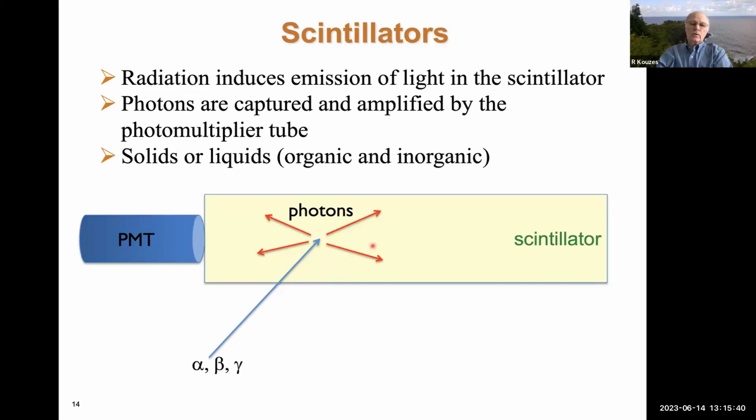These then, through atomic processes, will either go through relaxation of molecules or absorption of these electrons, producing excited atoms and molecules, which then emit photons, visible photons typically. These visible photons bounce around within the scintillator and eventually can be collected by a photomultiplier tube or some other photo detector like a silicon photomultiplier. And that generates the signal that we see.